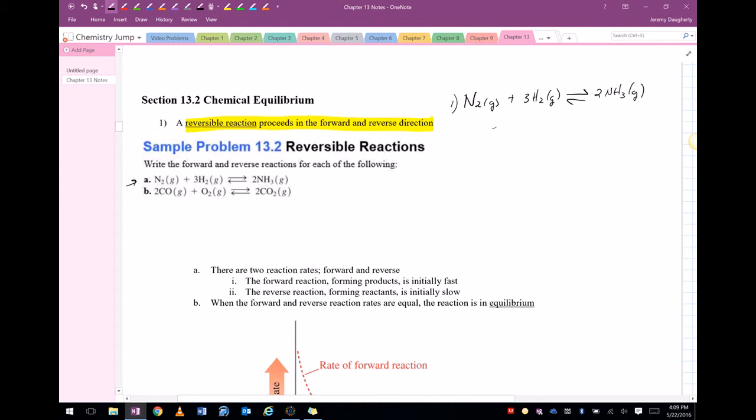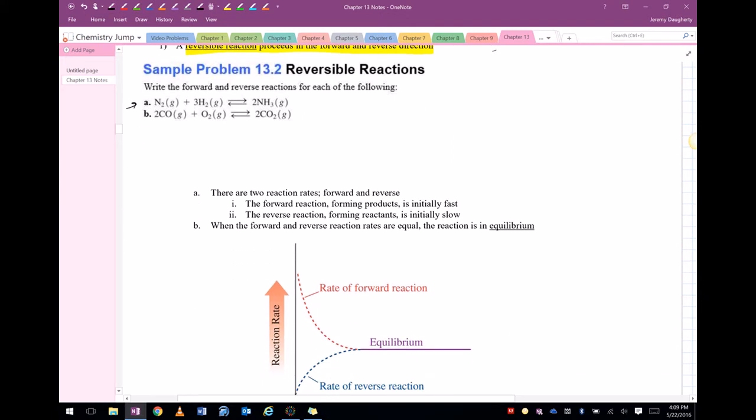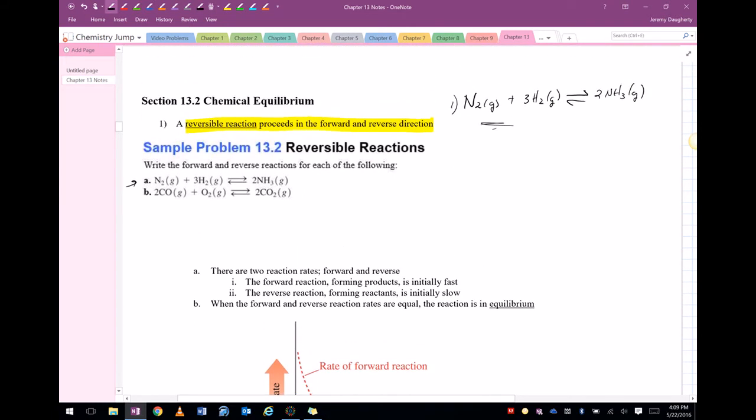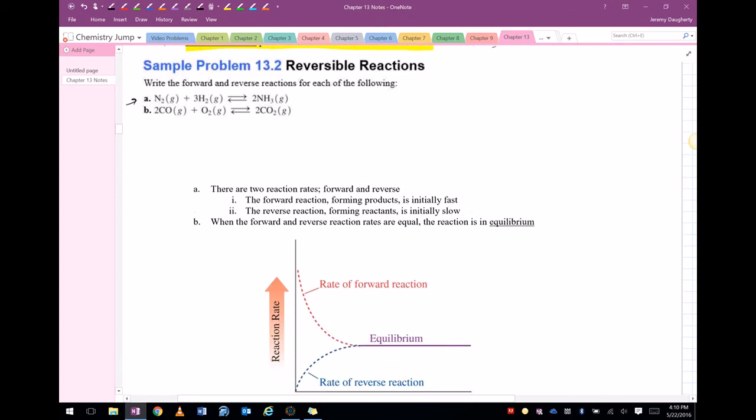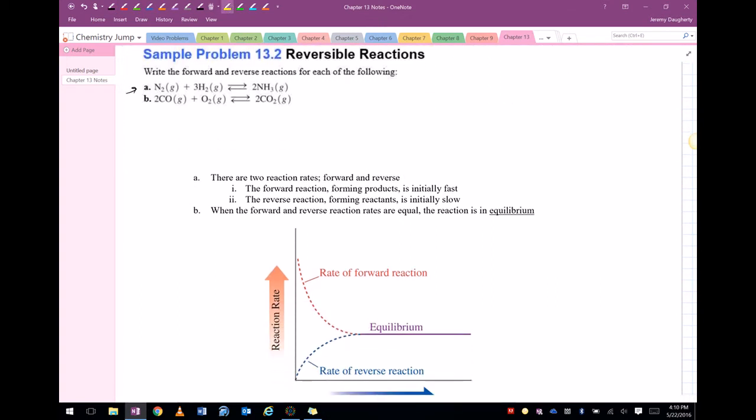Okay? So when we have one of these reversible reactions where we have reactants and products that exist at the same time, not just products like what we've seen up until now, we actually have 2 different reaction rates. There's a forward rate and a reverse rate. Initially, the forward rate is pretty fast because we have only reactants.